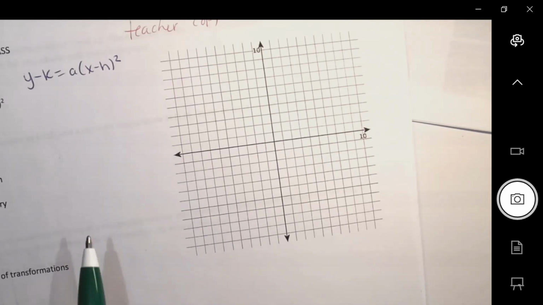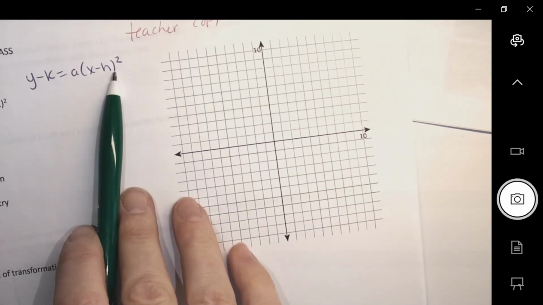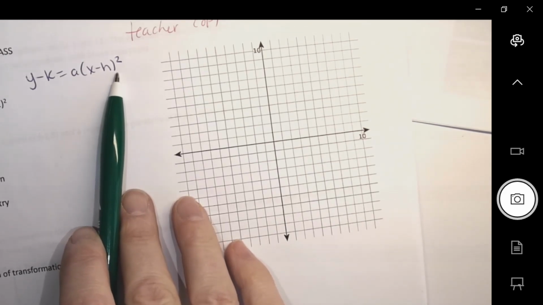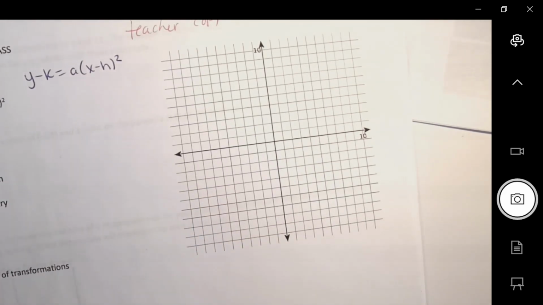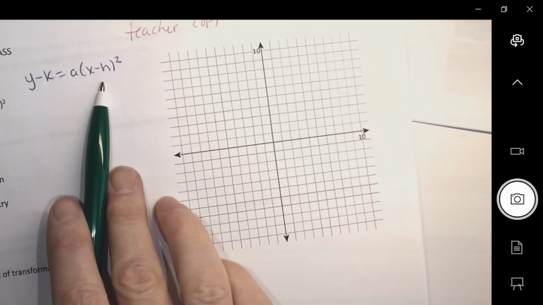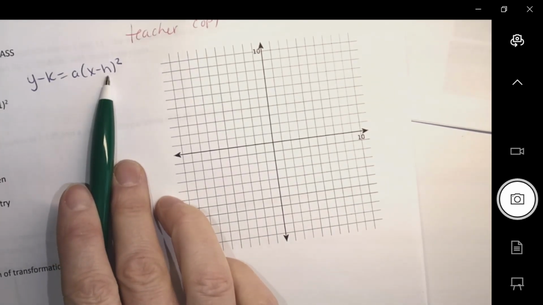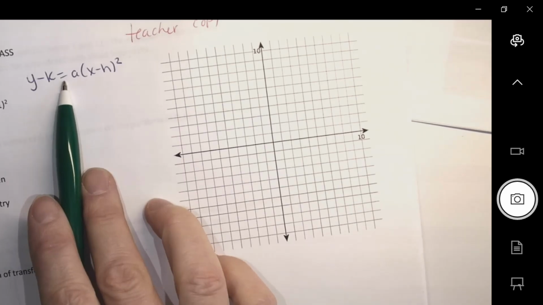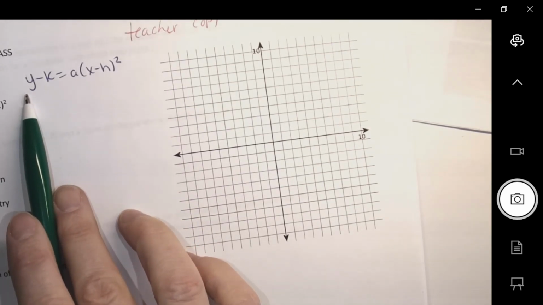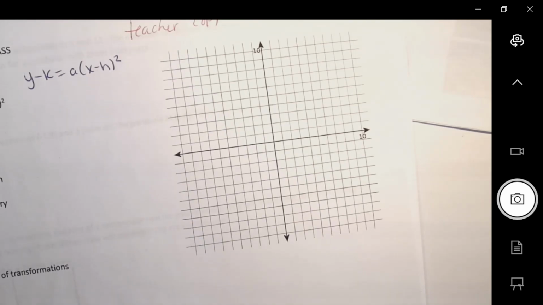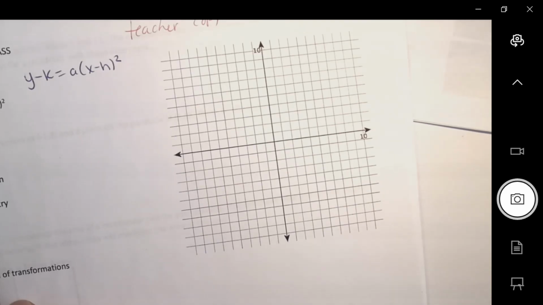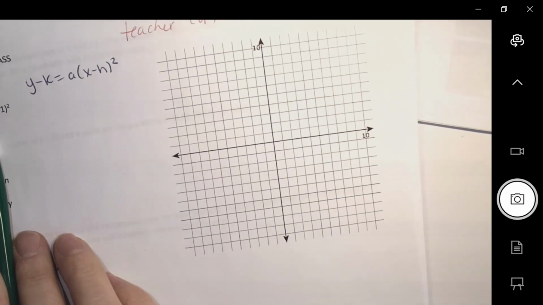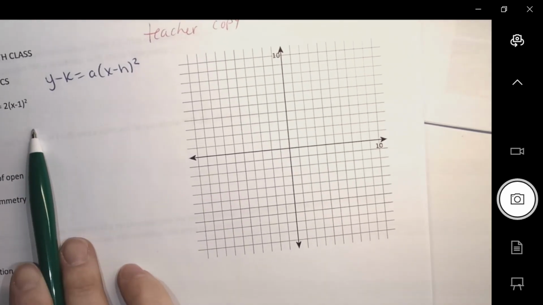Whenever I see a formula with a subtraction sign or a negative sign, it means to do the opposite. Do you understand that this number in the H position connects with the X? The K number connects with the Y. As a coordinate, we always think X before Y, right? So what is the vertex with those two things in mind? I just said we're going to have to think opposite of this form.